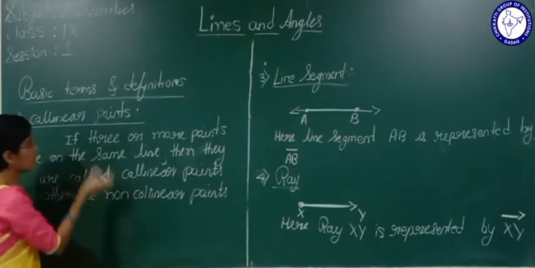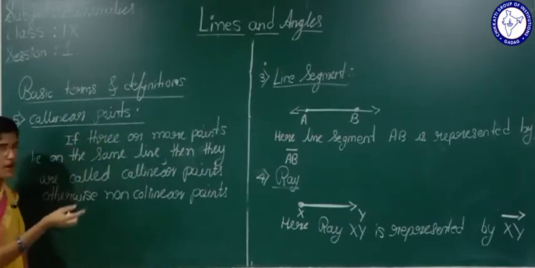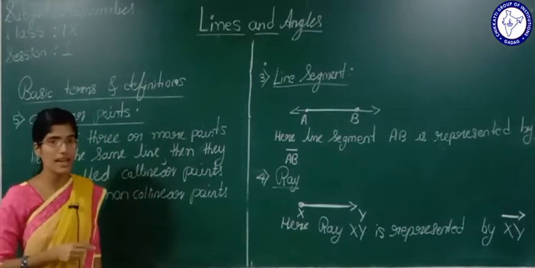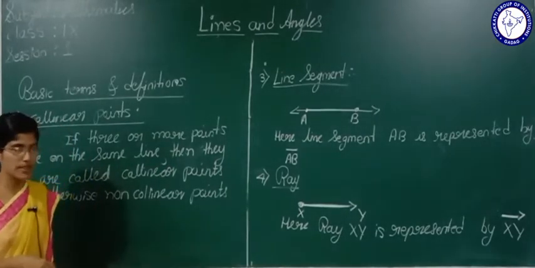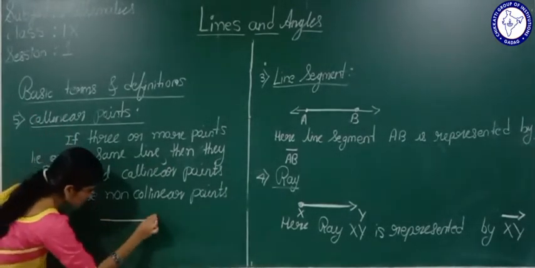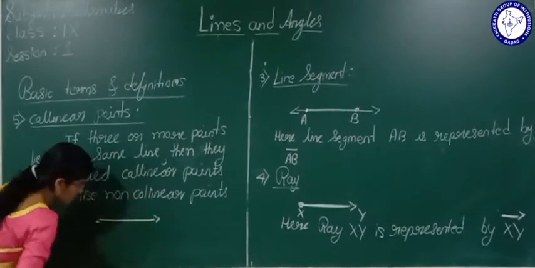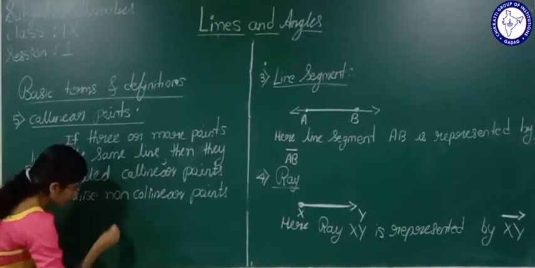If three or more points lie on the same line, then they are called collinear points. Here are three points.